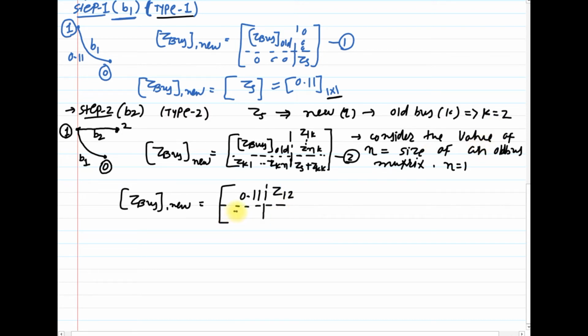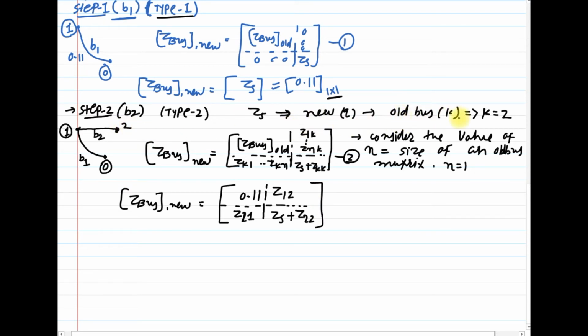And same way here Zk1, that means Z21. Clear? Because we have restricted up to n is equal to 1, so we will get this equation. And yes, the diagonal element which is Zs plus Z22. Clear?